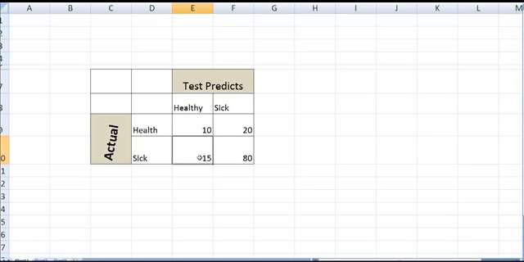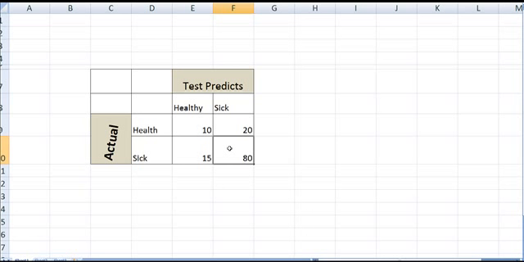And here, what does this 15 mean? That means there were 15 people that were actually sick, but the test predicts them as healthy. And here, there were 80 people that were actually sick and the test predicts them as sick.